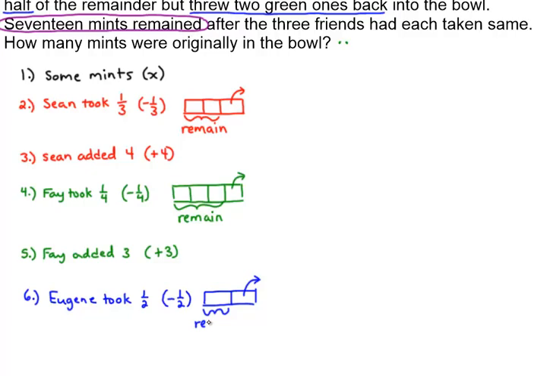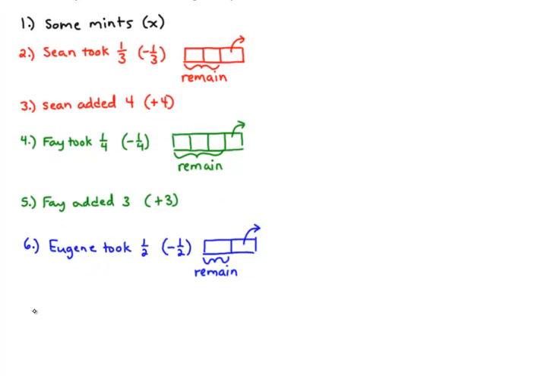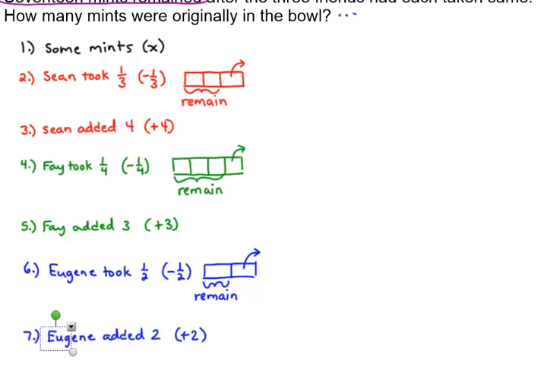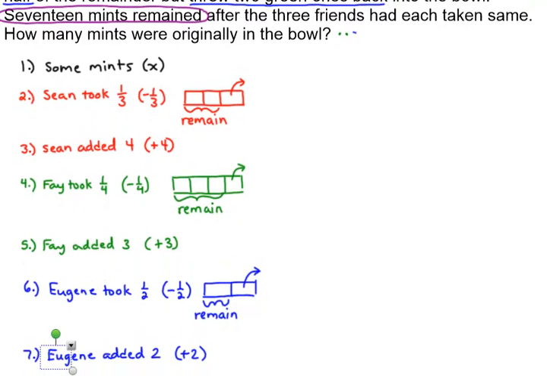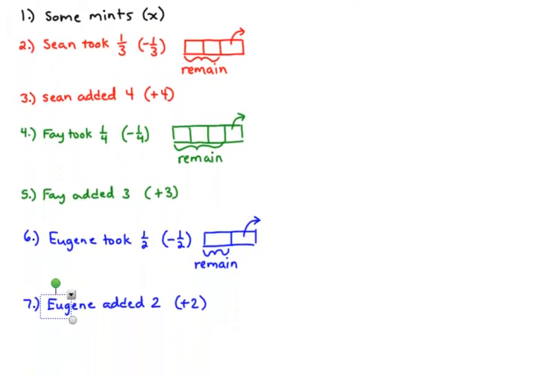That means that 1/2 remains. Okay, and then he threw 2 back in, so he added 2. So Eugene added 2, so we have a plus 2. And then when it was all said and done, there were 17 mints. So step 8, 17 mints.